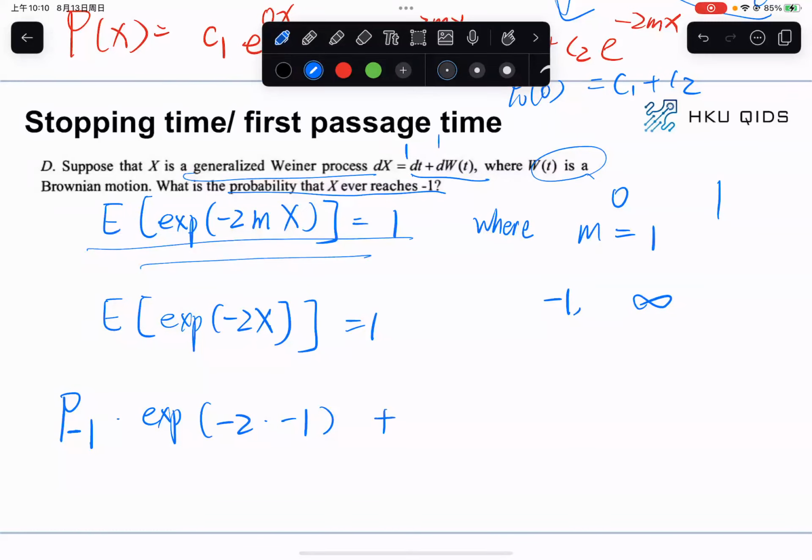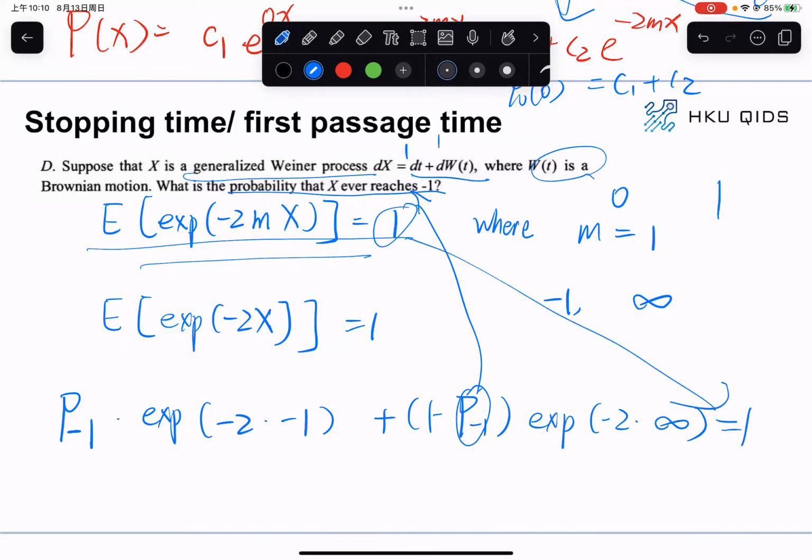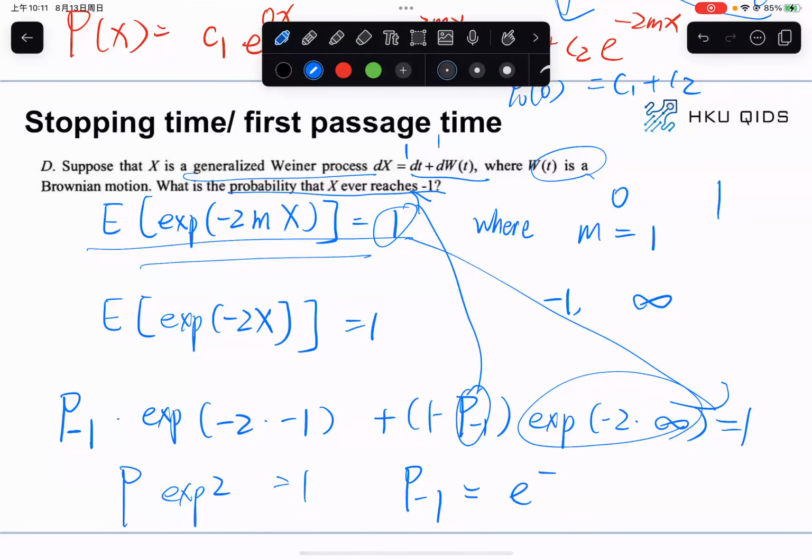Plus 1 minus p(-1), the probability that x does not reach -1, multiplied by exponential -2 multiplied by positive infinity, which is going to be close to 0, so we can cancel this out. This is exponential 2 times the probability p(-1), and it equals 1. So the probability of reaching -1 equals E to the -2. Okay, quite easy to solve.